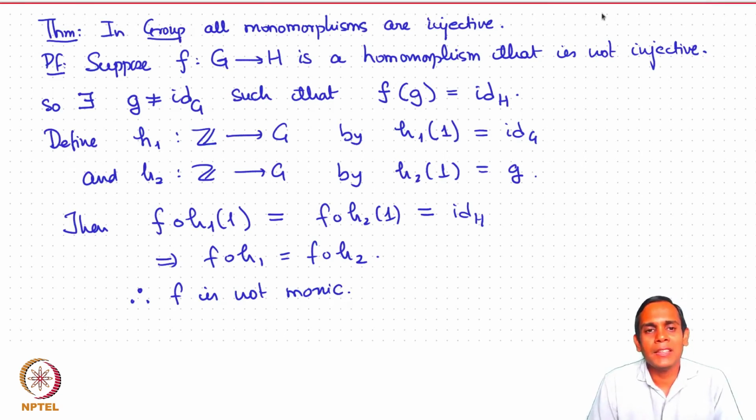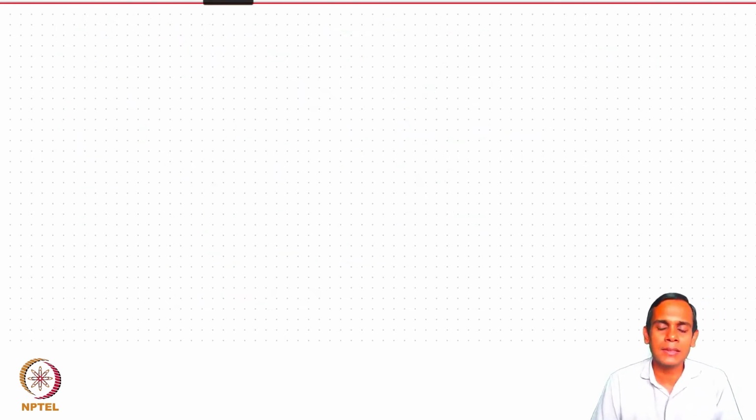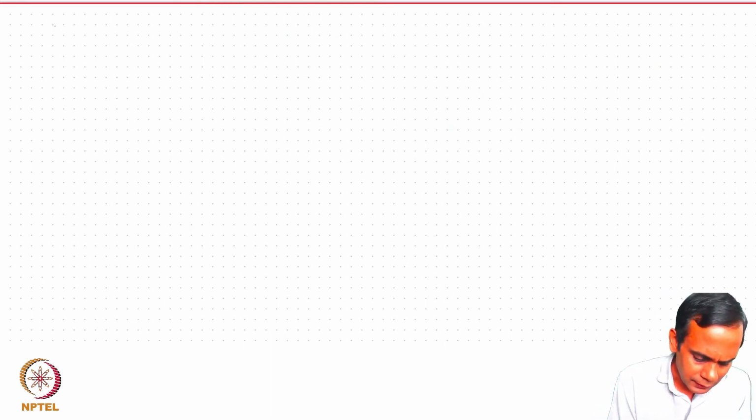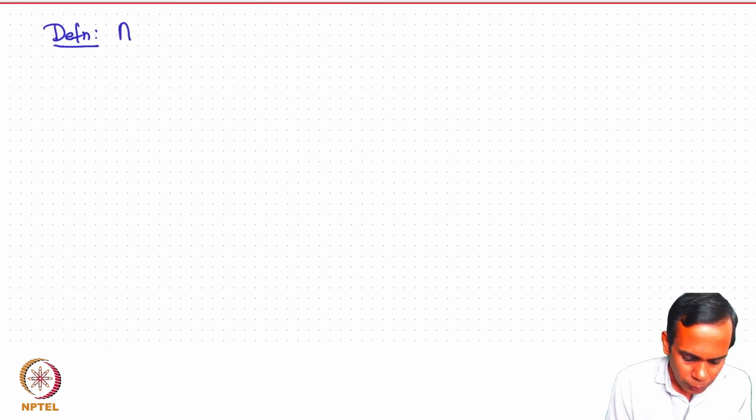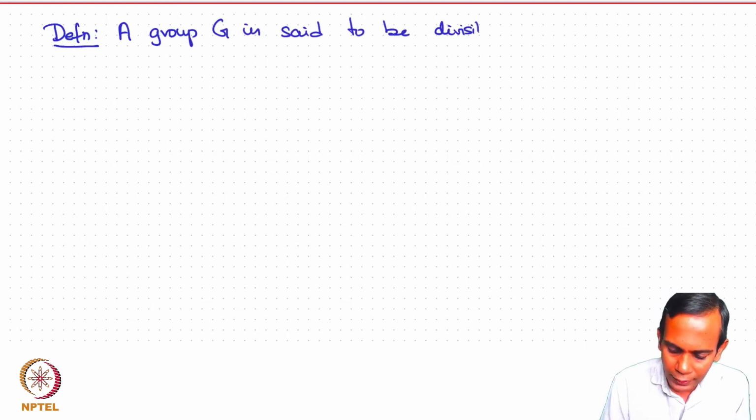So monomorphisms are injective in the category of groups, but there are counterexamples. There are other categories where monomorphisms are not necessarily injective. One of the simplest examples would be, let's just say, the category of divisible groups. So a group is said to be divisible if you can divide in it.